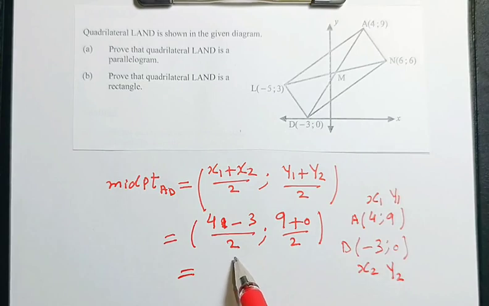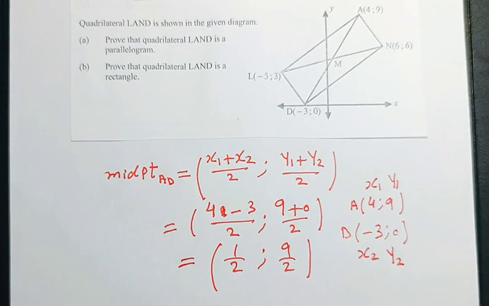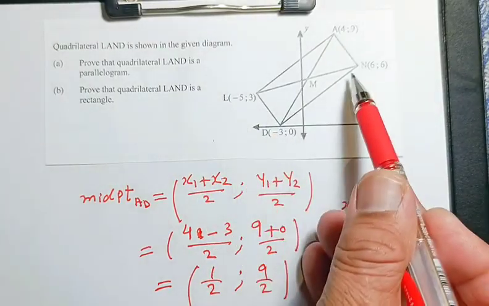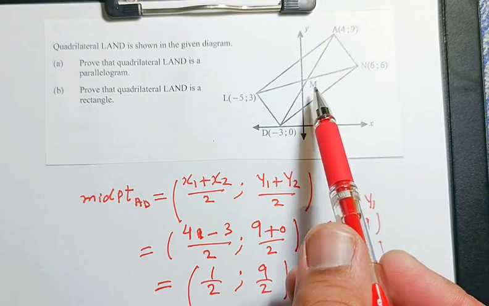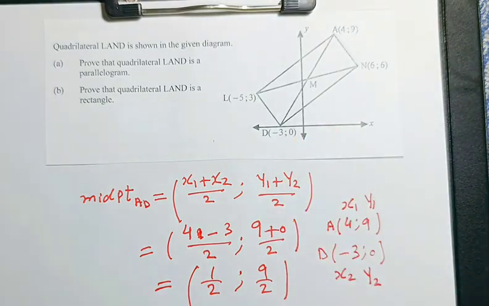Now I simplify. This is 1 over 2, and the other becomes 9 over 2. So this is my midpoint of AD. Now I need to find the midpoint of LN. If it is the same, then the diagonals bisect each other at M, and we can say this is a parallelogram.